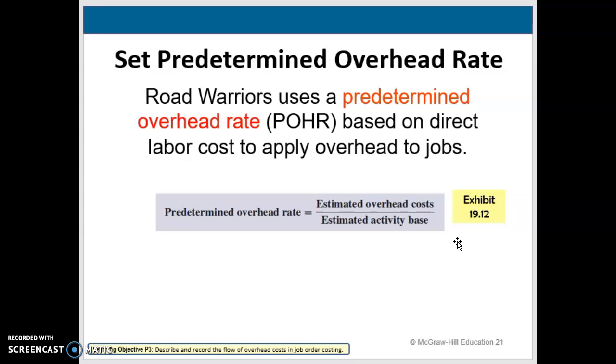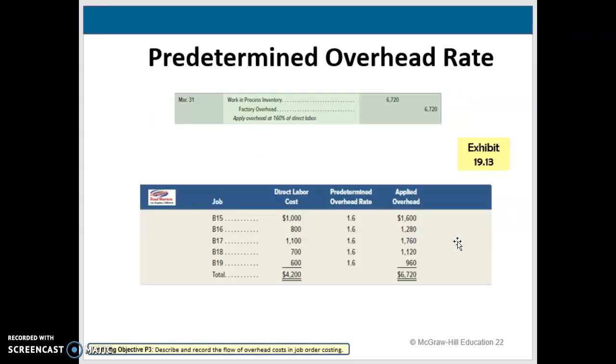Some companies use multiple activity allocation bases and multiple predetermined rates for different types of products and services. For ours, we're going to be looking at the predetermined rate, and this is the estimate that we're going to do for our number, and we'll continue in the next slide.